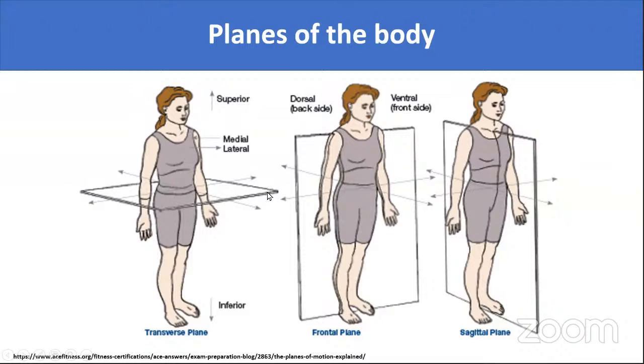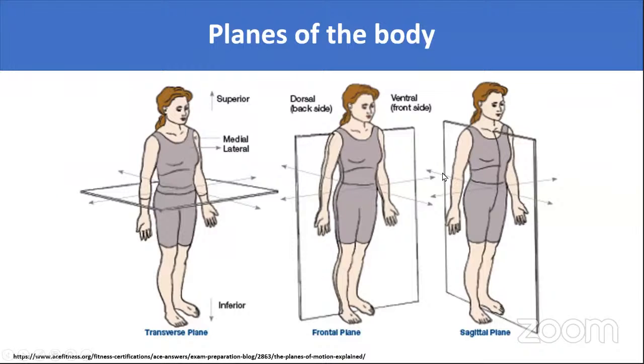So this transverse imaginary plane divides the body into two parts, the upper part and the lower part. The upper part is called the superior or cranial part, whereas the lower part is called inferior or the caudal part. Okay, so this transverse plane divides the body into superior and inferior.